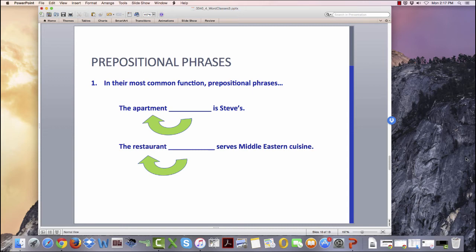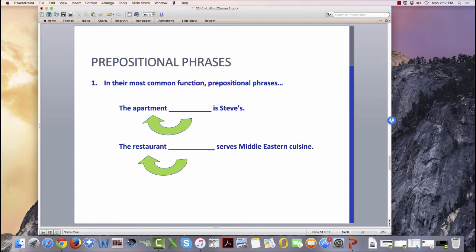So prepositional phrases, we'll talk about this a lot more in the next chapter, but just briefly here, the apartment next to the HEB is Steve's. The apartment on the corner, the apartment behind the house. Right? Those prepositional phrases are actually telling us which apartment we're talking about.